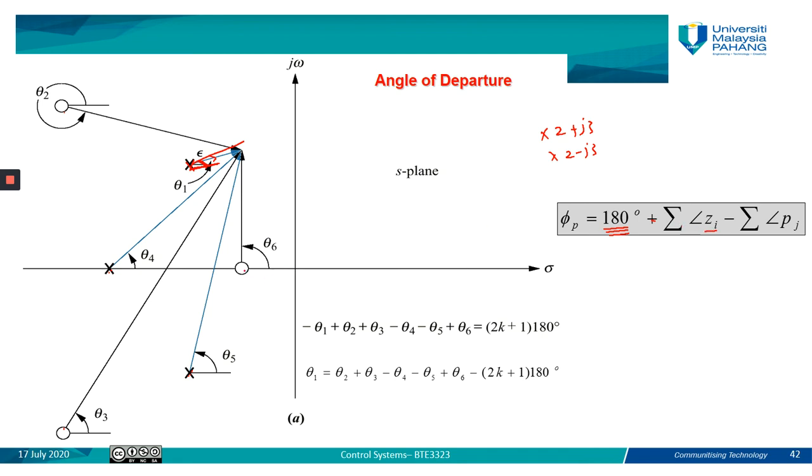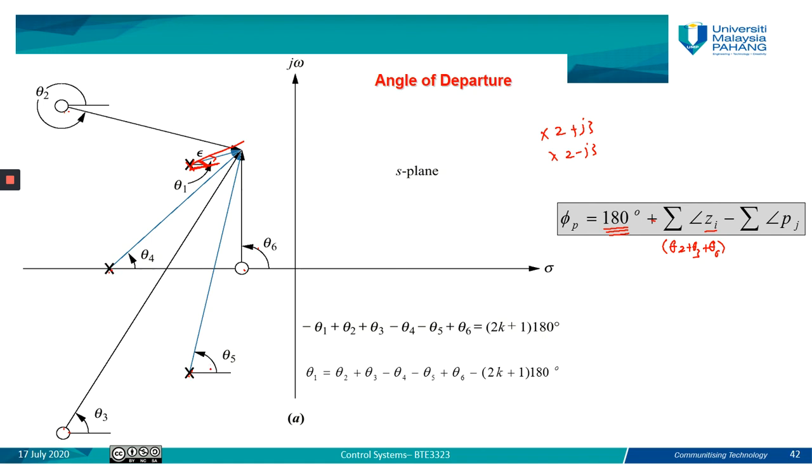How many zeros do we have? We have 3 zeros, so we sum the 3 angles of zeros: theta 2, theta 3 and theta 6. Then minus the summation of the angles of poles. If we are talking about this pole, the rest are theta 5 and theta 4.